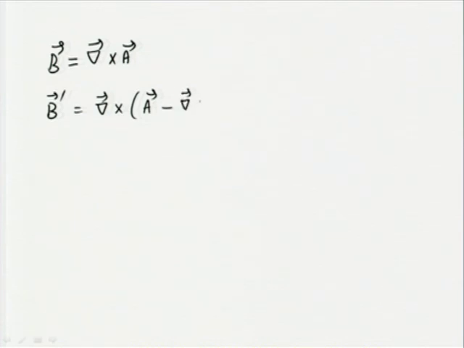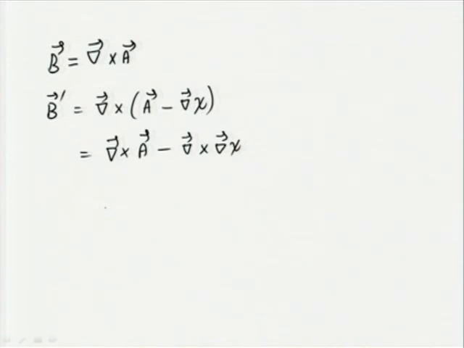How about the magnetic field? Magnetic field B is equal to curl of A, or B' now is equal to curl of A minus grad chi, which is equal to curl of A minus curl of gradient of chi, and curl of a gradient of any scalar function is going to be equal to 0.